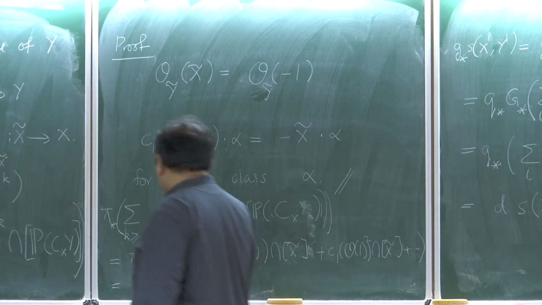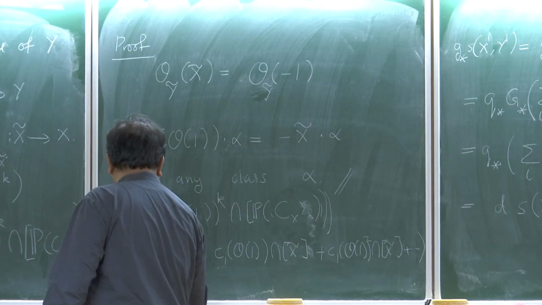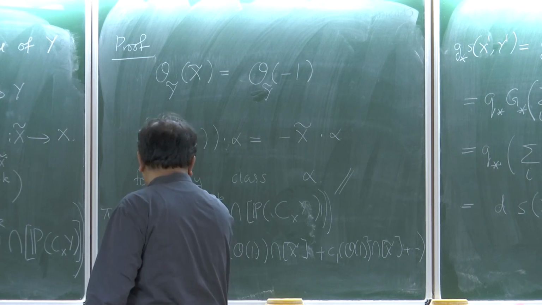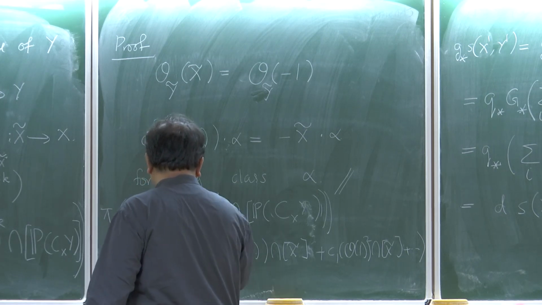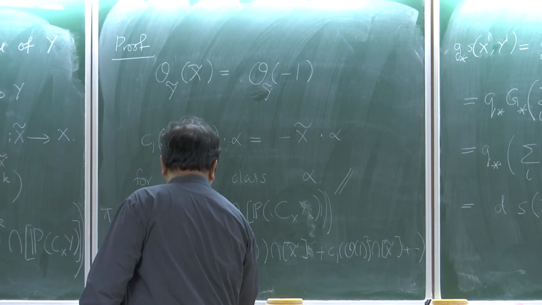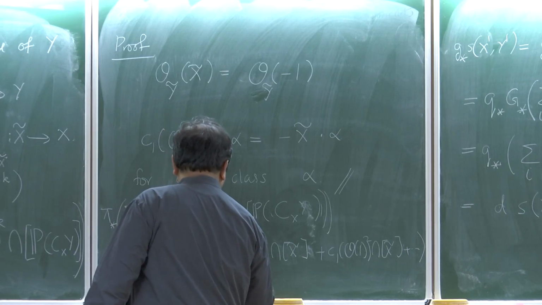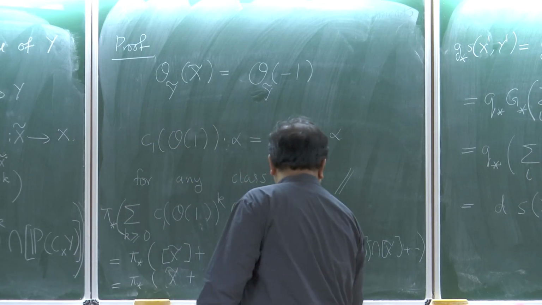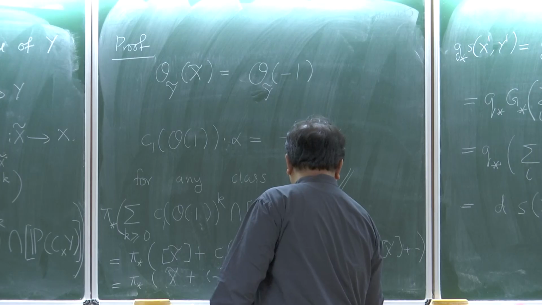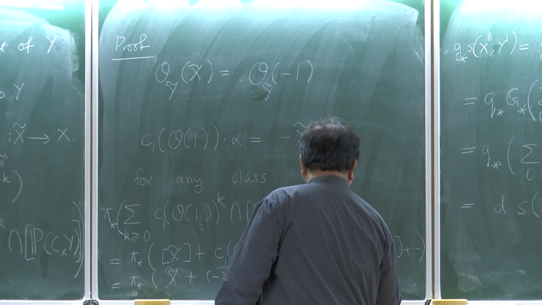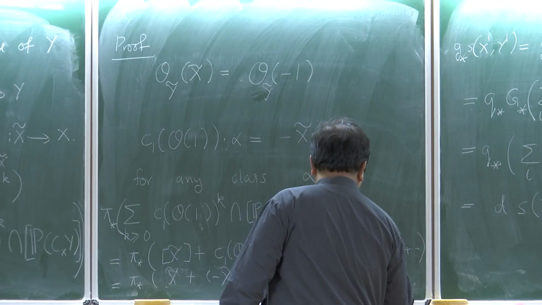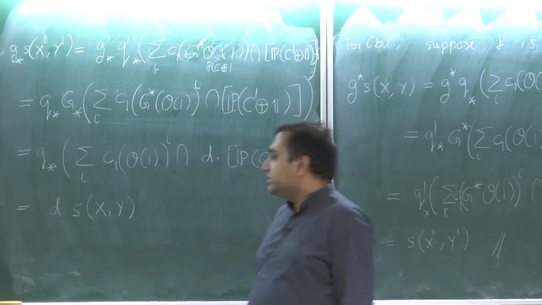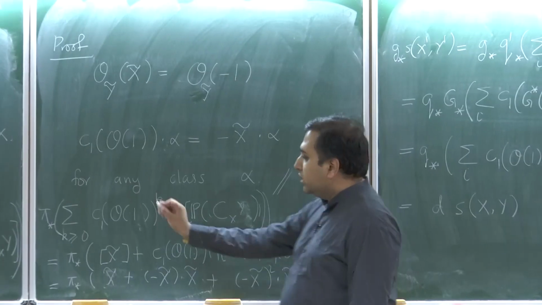Right, so this is equal to pi lower star of x tilde, I'll just write x tilde now, plus minus x tilde times x tilde, plus minus x tilde squared times x tilde. Right, that's what it is. So that's why the sign is off by 1.